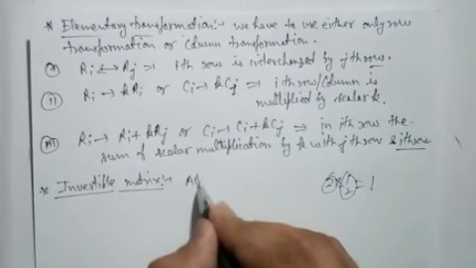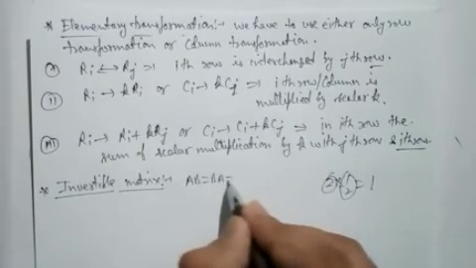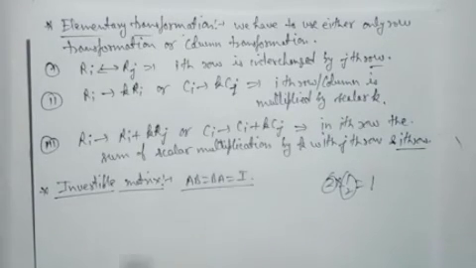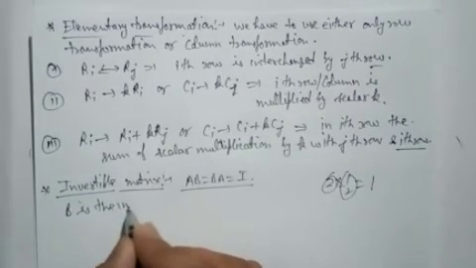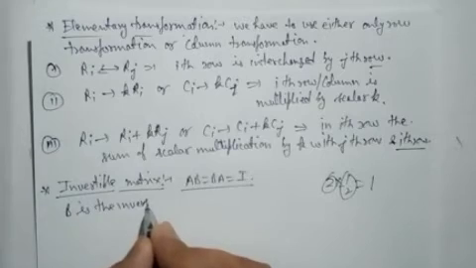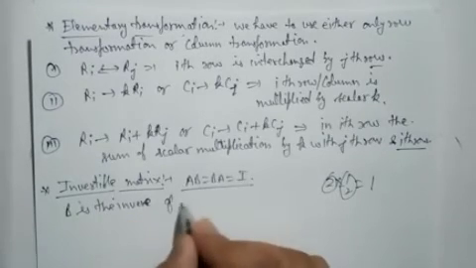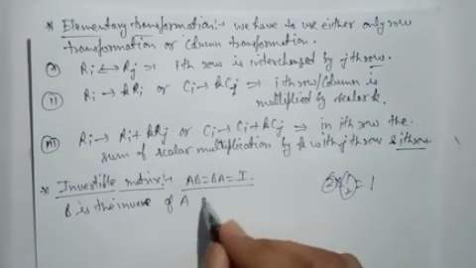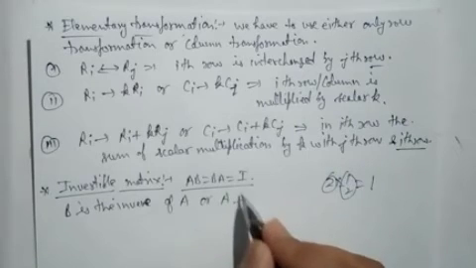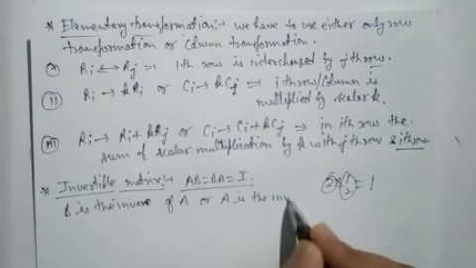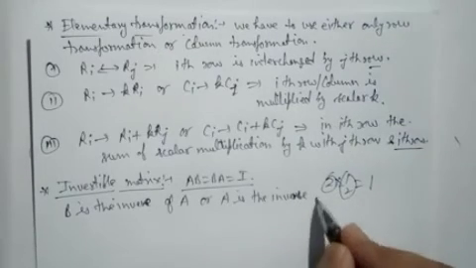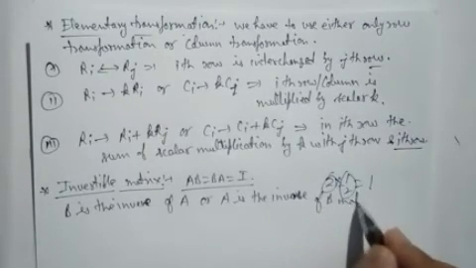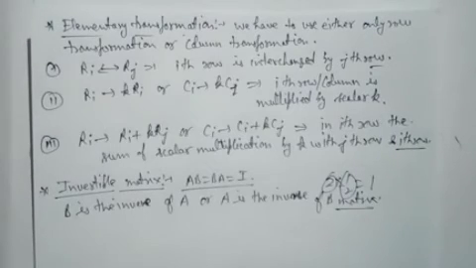Similarly, AB equals to BA equals to I means B is the inverse of A or A is the inverse of matrix B. Clear?